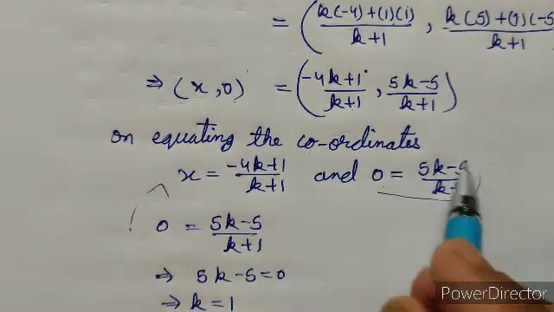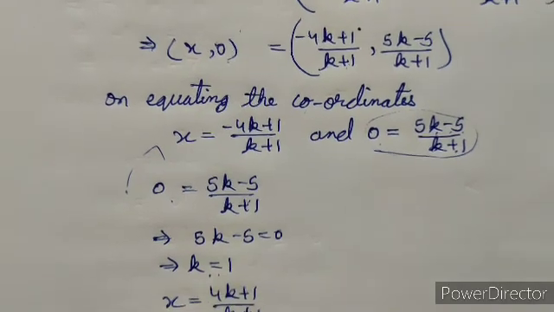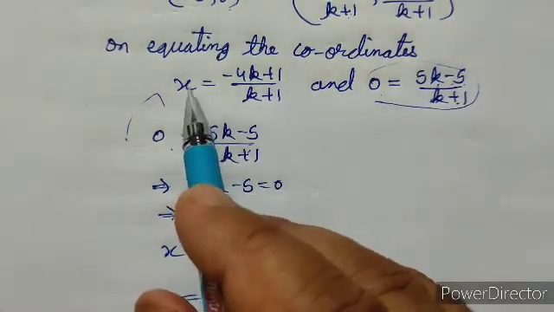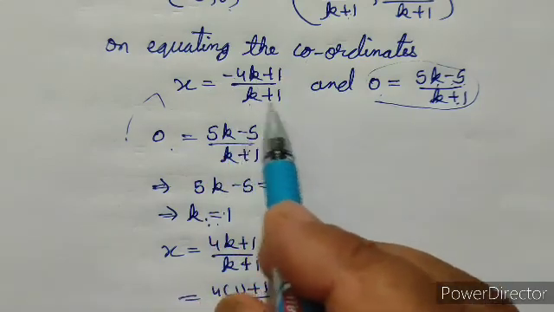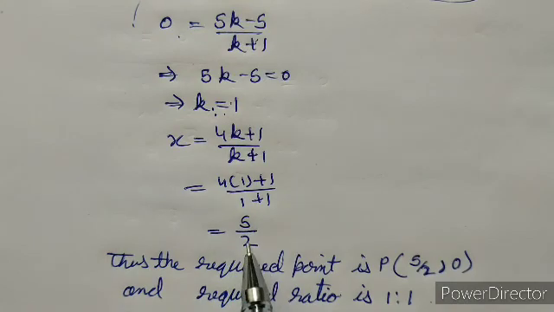Now on solving 0 equal to (5k minus 5) upon (k plus 1), we are getting k equal to 1. Now on putting the value of k equal to 1 in x equal to (minus 4k plus 1) upon (k plus 1), we are getting x as 5 by 2.